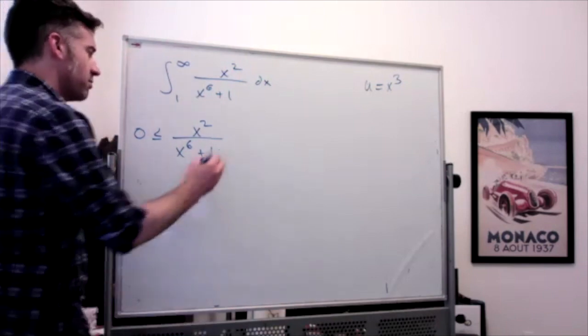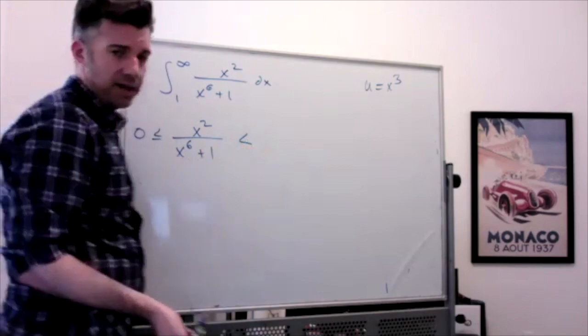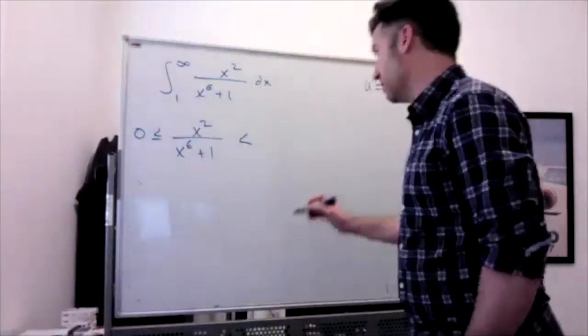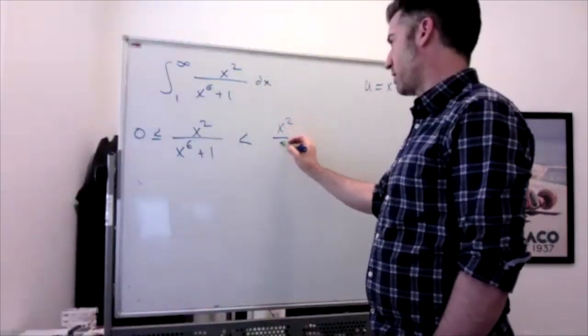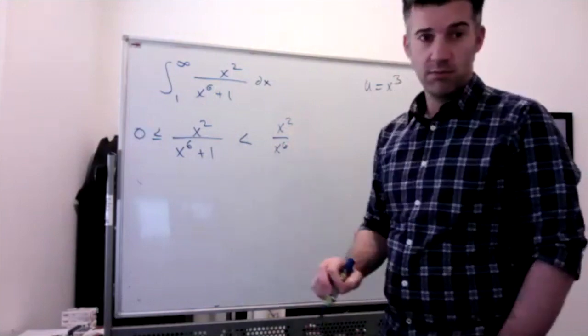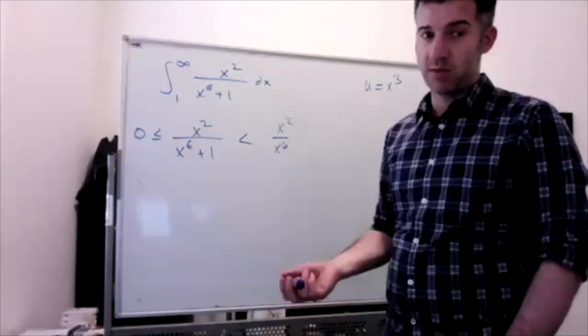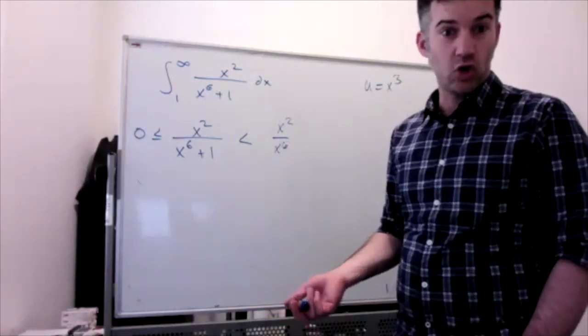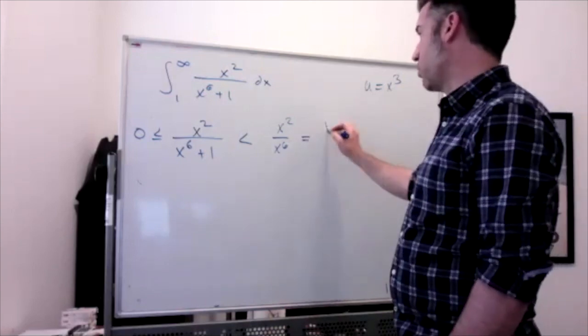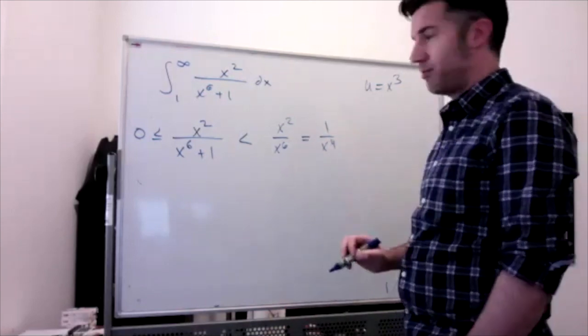But then, x squared over x to the 6 plus 1 is less than x squared over x to the 6. Right? If the denominator gets smaller, the fraction gets larger. And that's equal to 1 over x to the 4th.